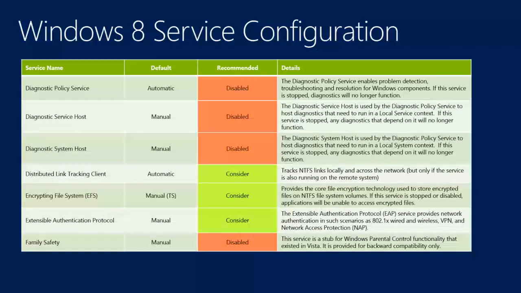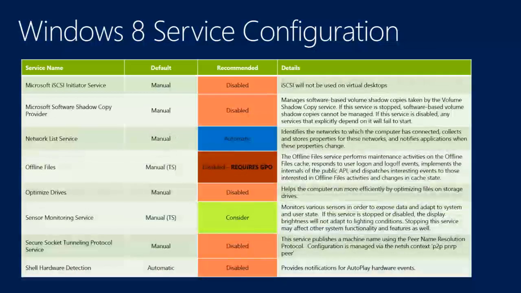As we wrap up some of these, I want to make certain we highlight a few of them that we pointed out, and the first one was just the offline files. Offline files is an interesting one. Jeff, maybe you can point out some things that you've experienced there. Yeah, the interesting thing with the offline files is, let me see if we have the notes there for it. Yeah, requires GPO.